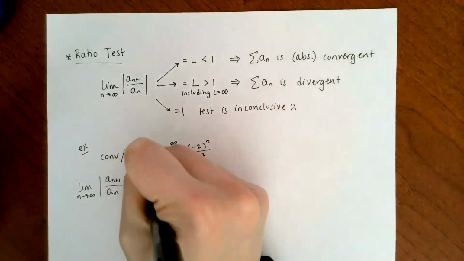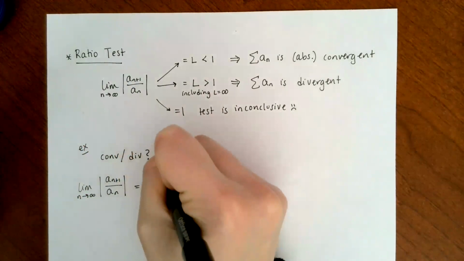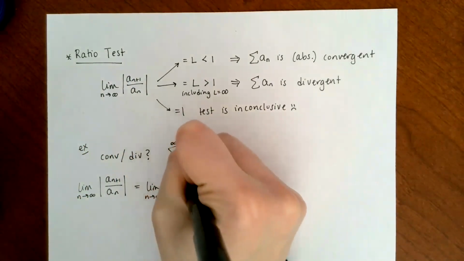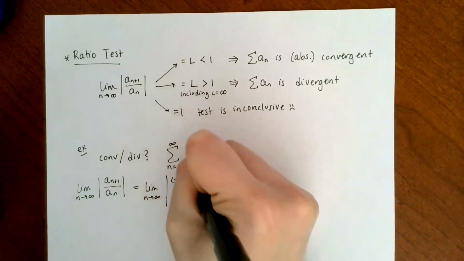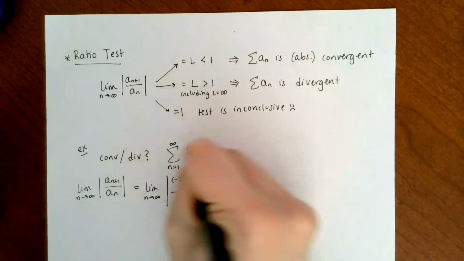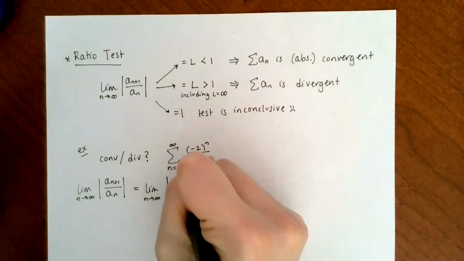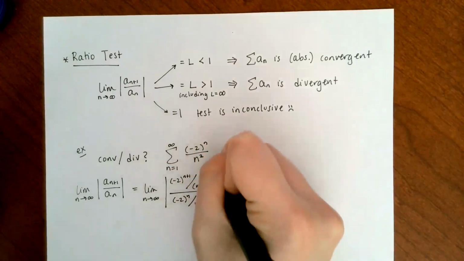So that is the limit as n approaches infinity, big absolute value. So I'll have (-2)^(n+1) over (n+1) squared. That's my numerator. The denominator is just the regular formula as is. So that's (-2)^n over n squared.